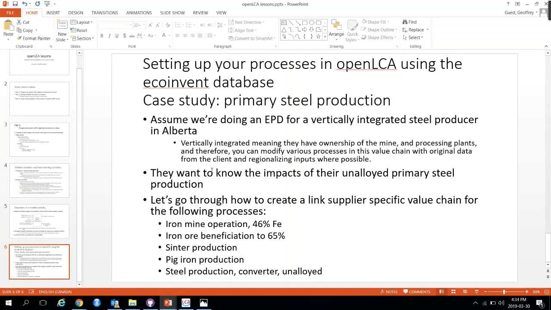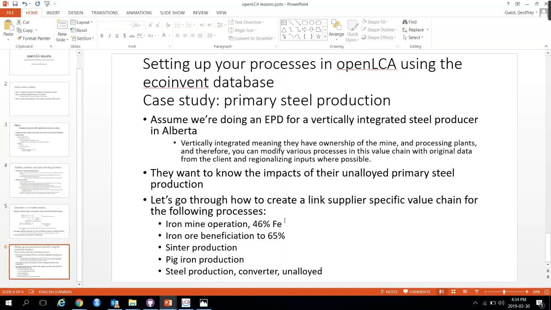They want to know the impacts of their unalloyed primary steel production. So that's going to be basically our functional unit at plant gate. And so we're going to go through a portion of the supply chain required to produce unalloyed primary steel.